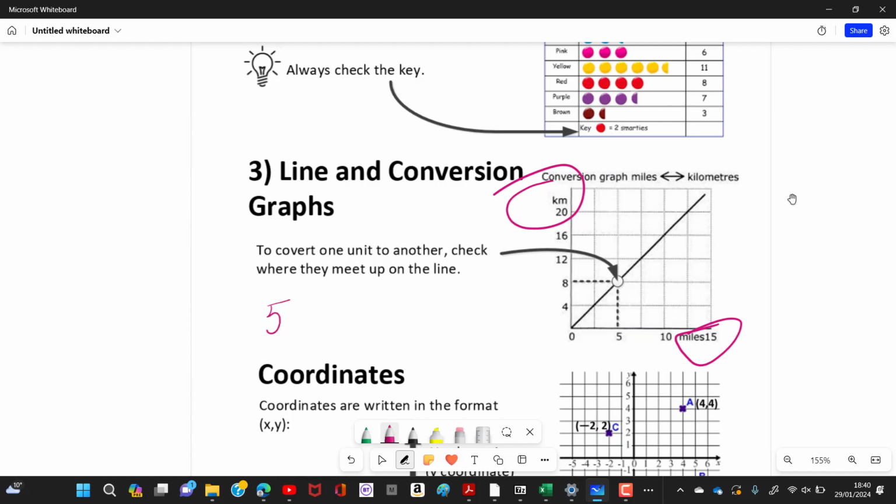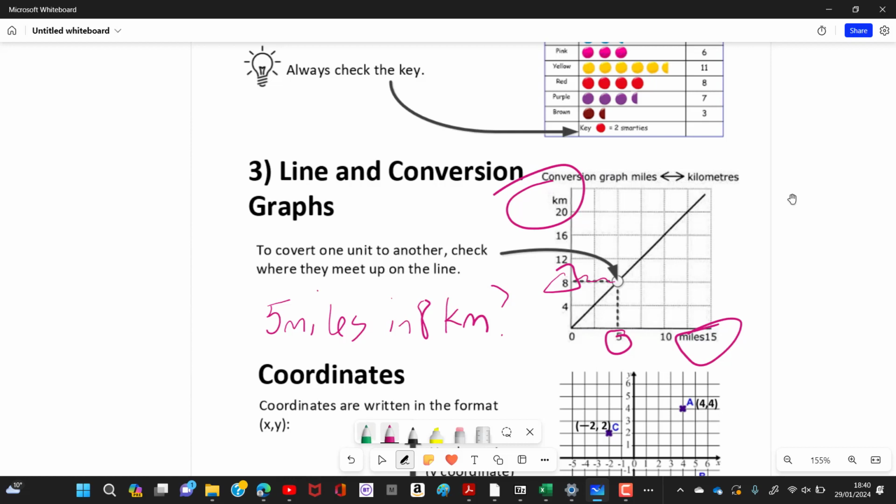What is 5 miles in kilometers? That's the question here. So you find where 5 is, see where it touches the line. This is the conversion line, and then you trace it back to here, and it's 8 kilometers.